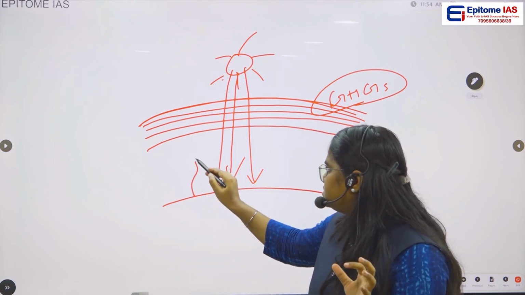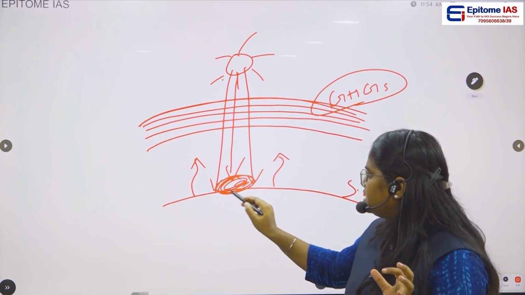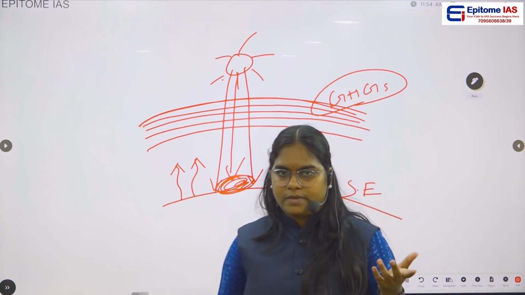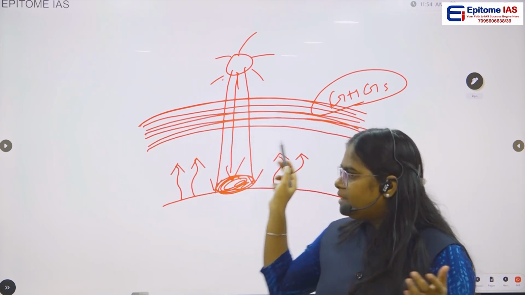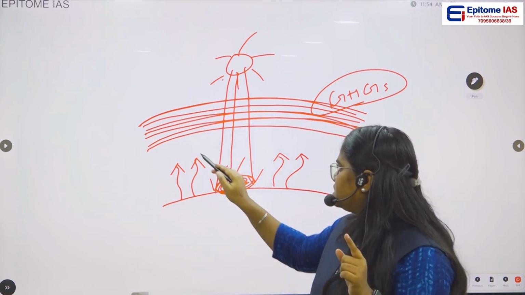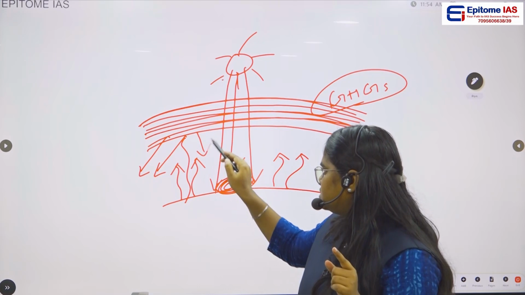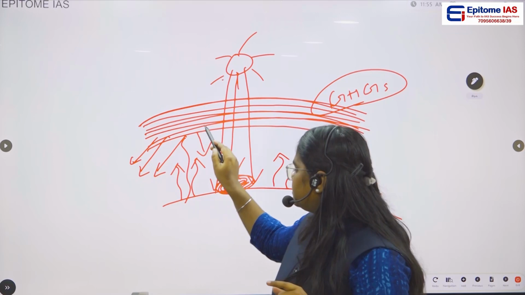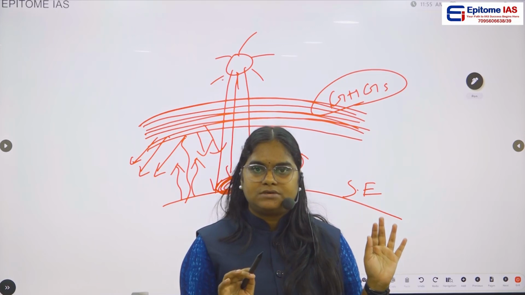let us say when there is terrestrial radiation, that is, the heat received by the Earth's surface is radiated back from the surface in the form of long waves. Now these greenhouse gases become like a blanket in the atmosphere, and they will reflect back this terrestrial radiation towards the Earth's surface.